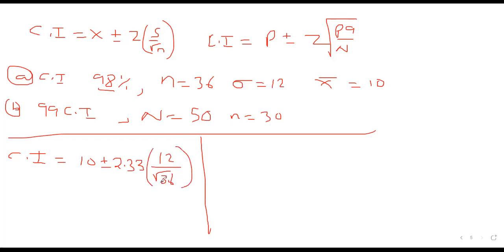So when we square root the 36, we get 6. 6 into 12 is a 2. So 2 multiplied by the 2.33, we get 10 plus minus 4.66. So here we're going to have 5.34 as the lower bound, and upper bound we're going to have 14.66.